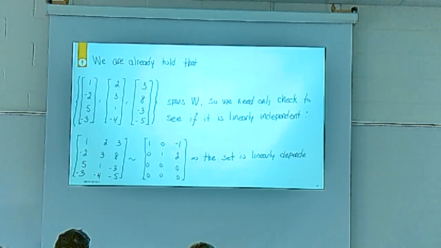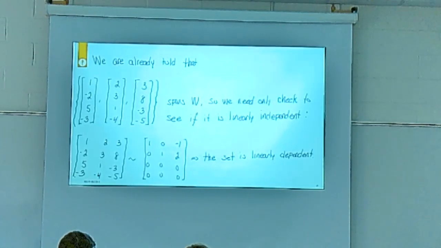So how do we form our basis? How do we form a basis for W?